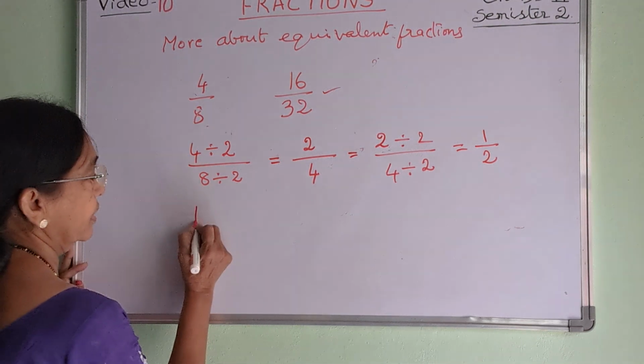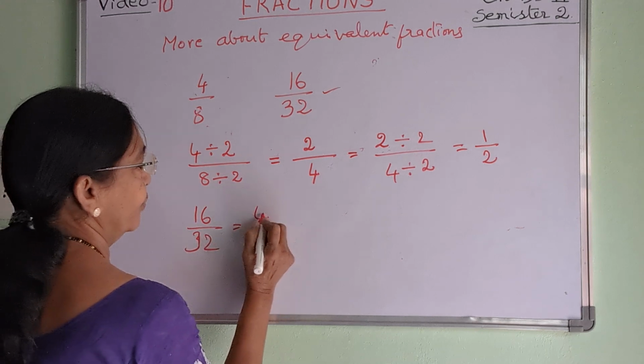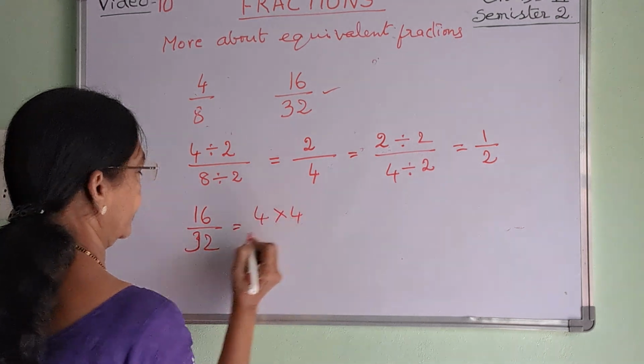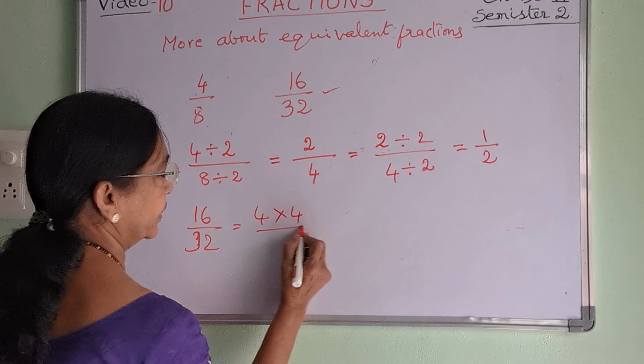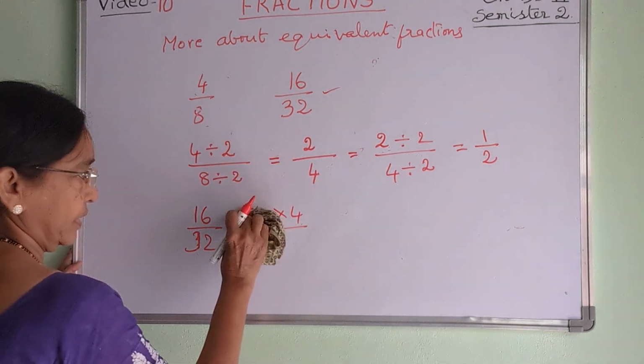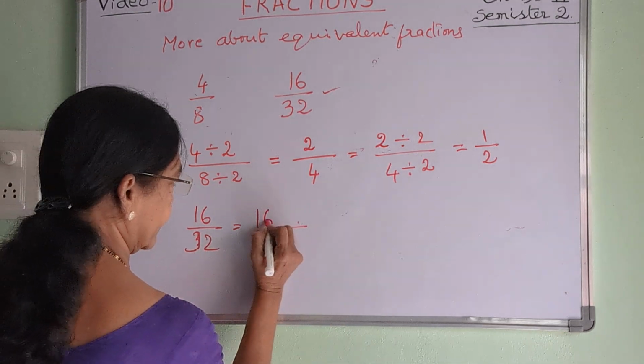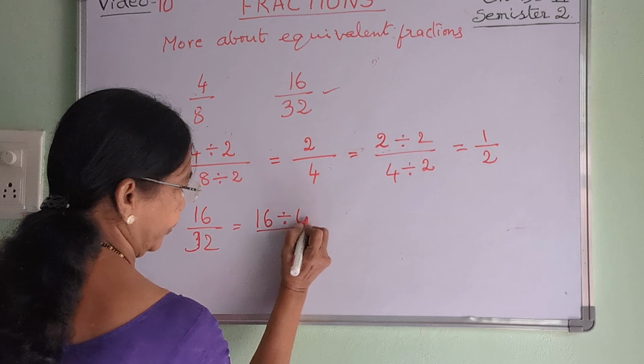Let us take 16 by 32. 16 can be written as 4 into 4, and 32 can be written as 8 into 4.